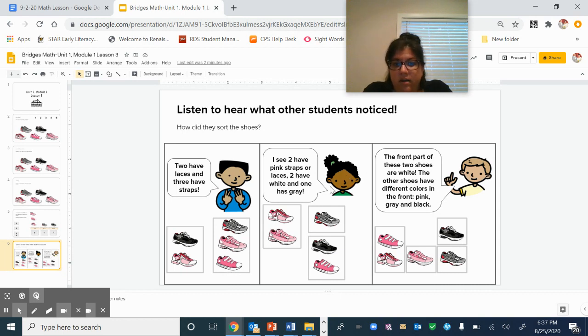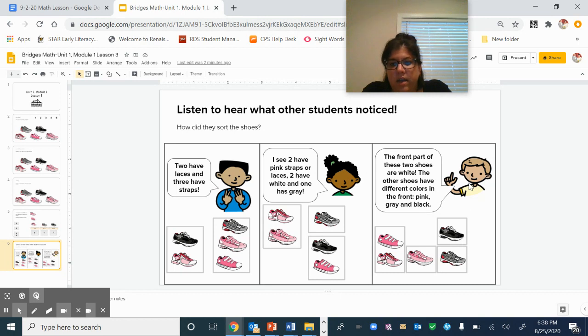This girl in the middle said, I see that 2 have pink straps or laces, and the others have white, and 1 has gray on it. So she sorted into 3 things, okay? So she sorted pink, white, and gray on the laces or the straps.